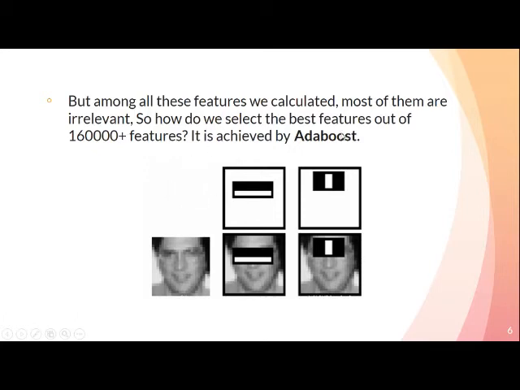So this way it will reduce the features. Now if we are considering a 24 by 24 pixel image, then it has almost this many features, and AdaBoost will decrease these to only 6,000 features, right? So a lot of features that are not required, we have reduced.